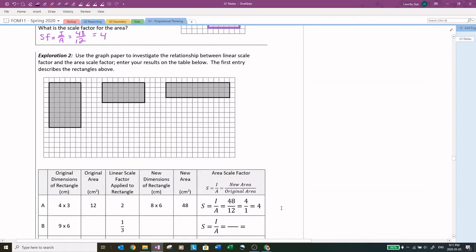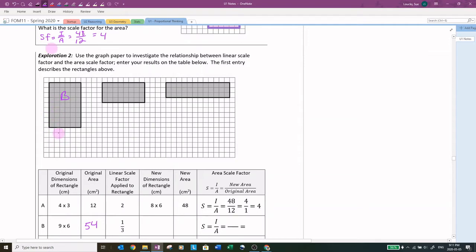So now we're going to do shape B, which I guess I could label. So this is B. And B is 9 by 6. 1, 2, 3, 4, 5, 6, 7, 8, 9. And it's 6 across. So the original area, 9 by 6, is 54. We're going to apply a scale factor of 1/3. So the new one is going to be 1/3 the size.